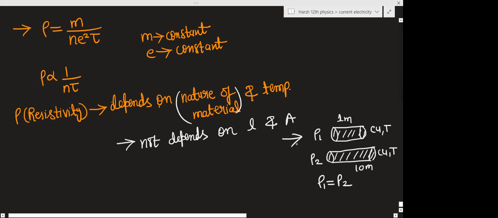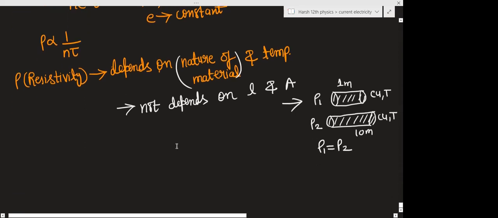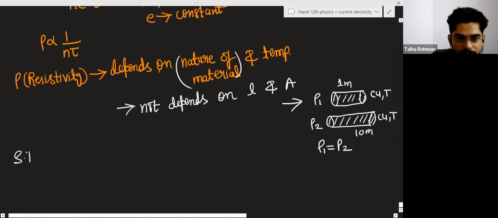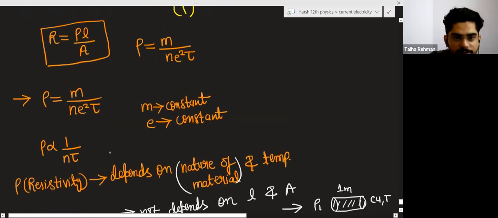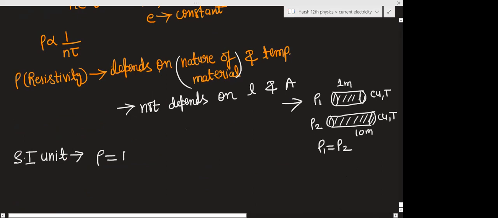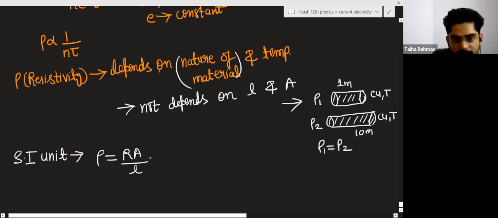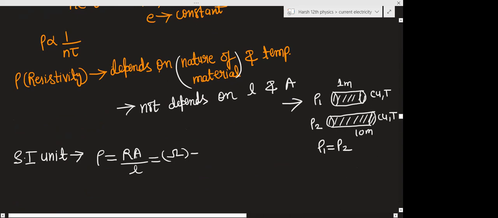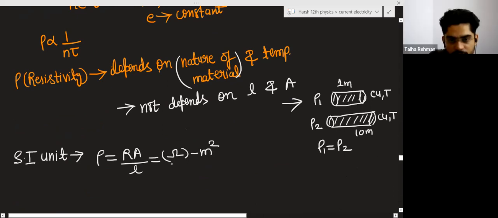You can add this point here. Now, for the SI unit: you know that rho can be written as RA divided by L. The unit of resistance is ohm, the unit of area is meter square, and the unit of length is meter, so meter square divided by meter gives meter.